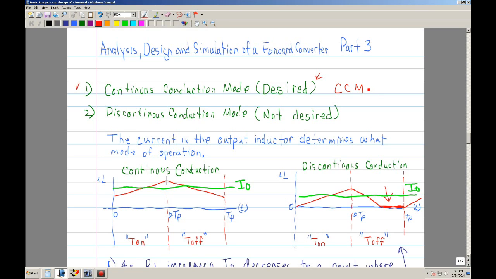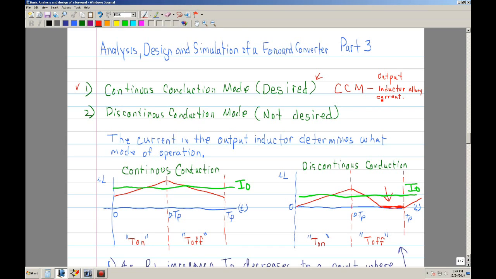And basically what it means is that the output inductor always has current. And you might say, well, what do you mean by that? I'll show that graphically in a little bit.